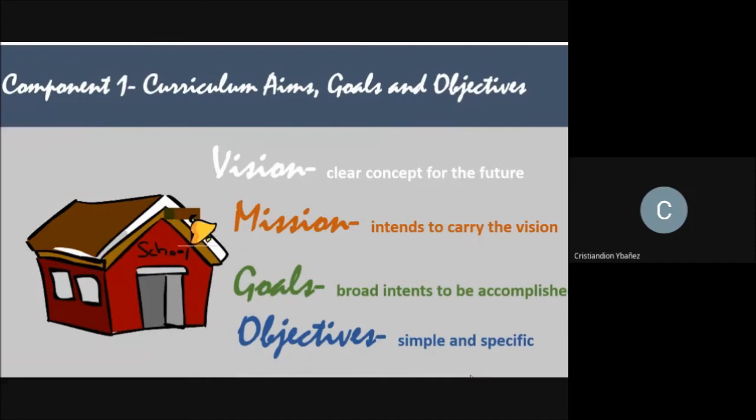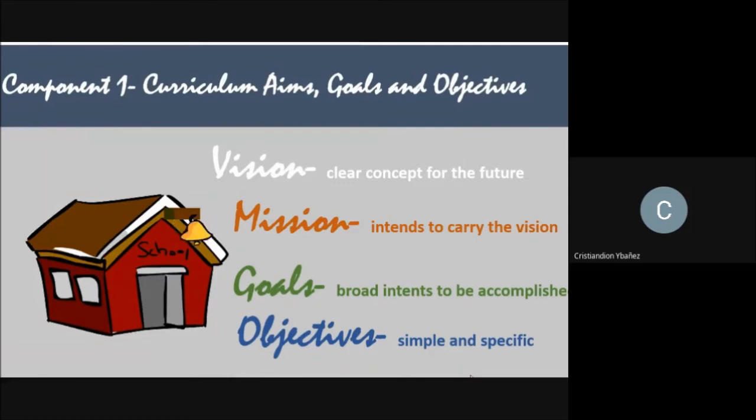And after that vision, we have the school's mission statement. It spells out how it intends to carry out its vision. The mission targets to produce the kind of persons the students will become after having been educated over a certain period of time.